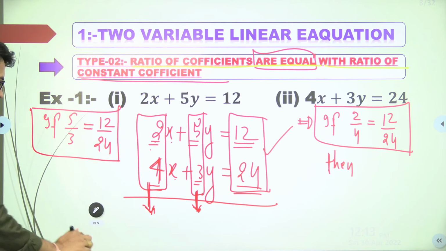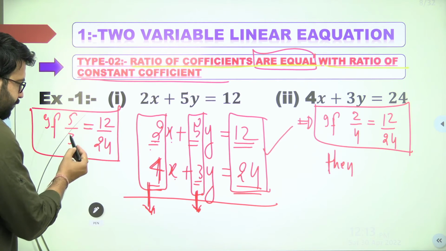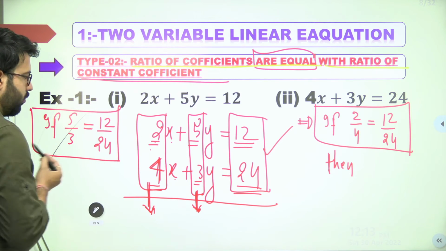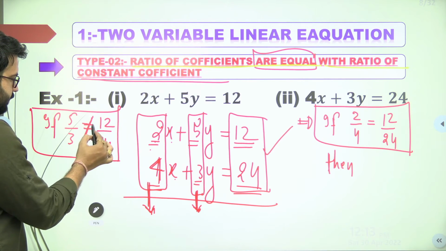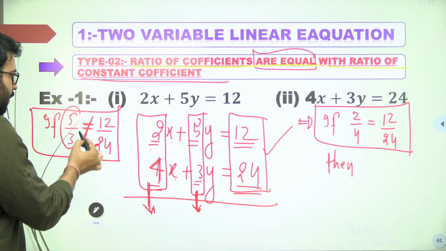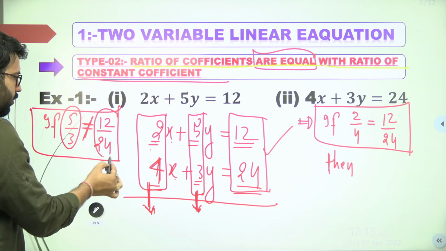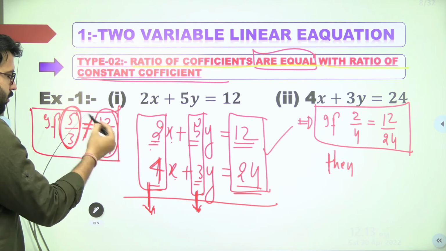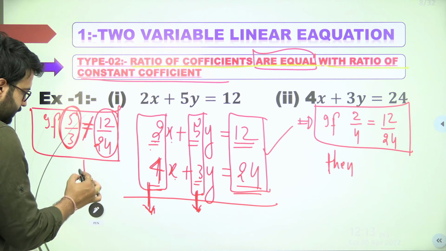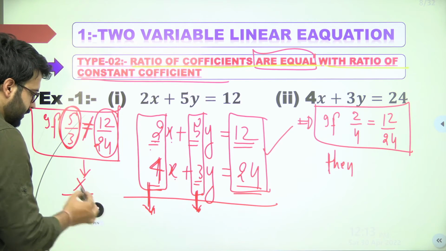So let's see this example. Is 5/3 equal to 12/24? So your answer will be no. If the coefficient of y is not equal to the constant coefficient, then from this we can't get the result.